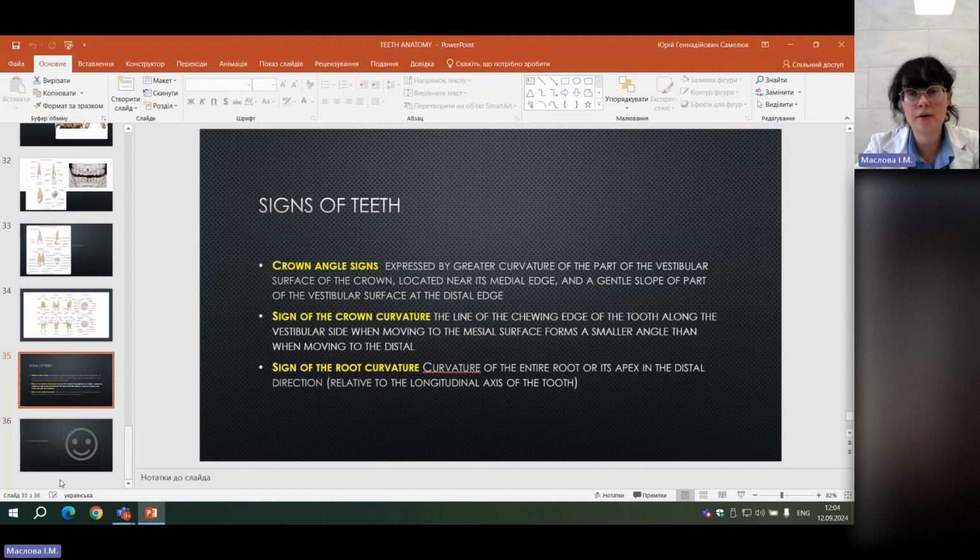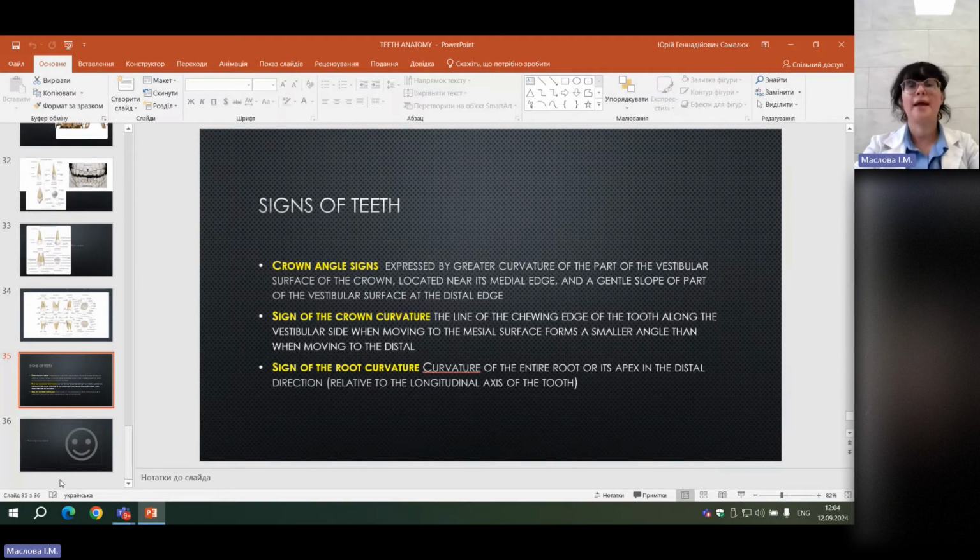The crown curvature sign is expressed by a greater curvature of the part of the vestibular surface of the crown located near its medial edge, and a gentle slope of part of the vestibular surface at the distal edge.